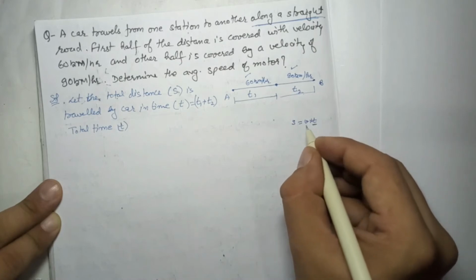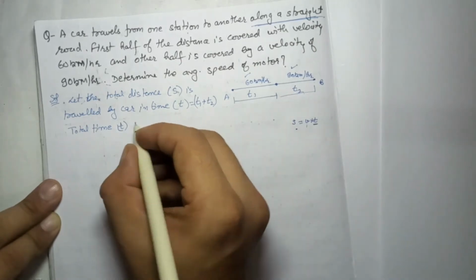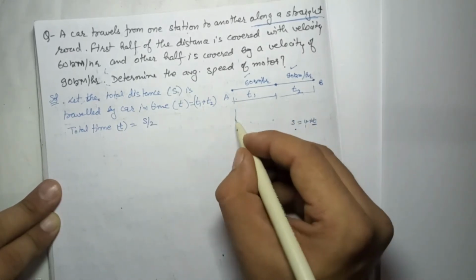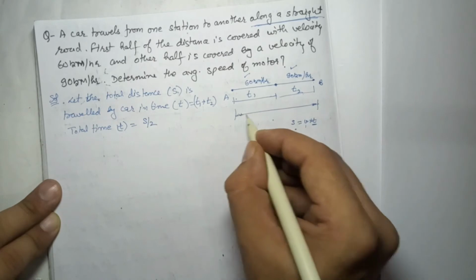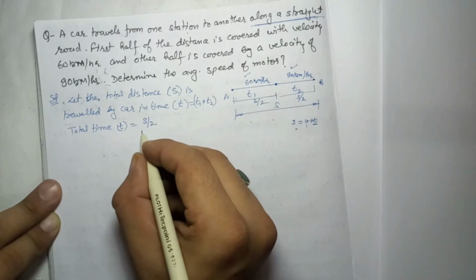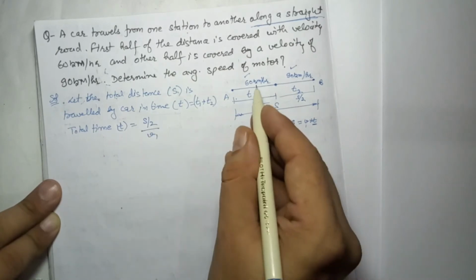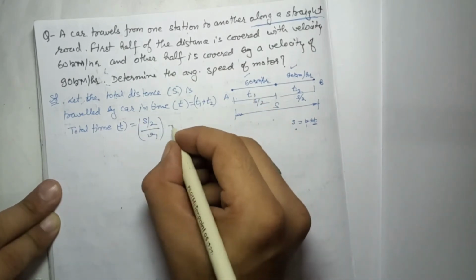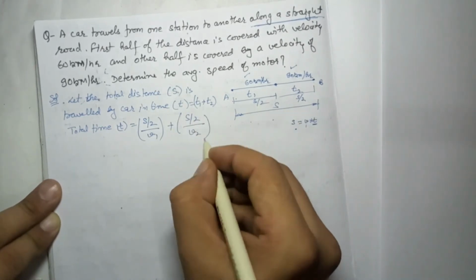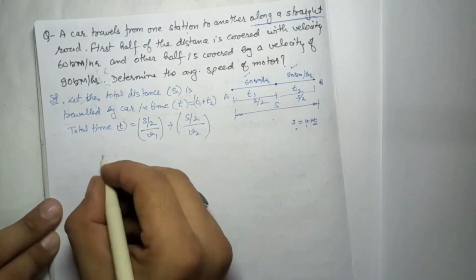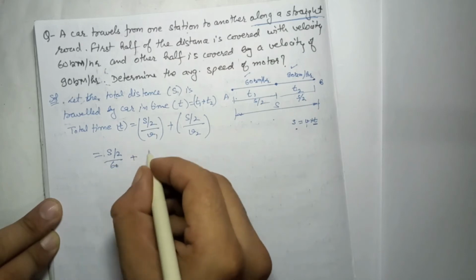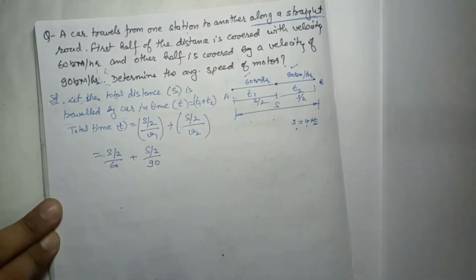So total time t is equal to first s by 2, this complete was s and this is s by 2, divided by velocity 1, 60 km per hour, plus s by 2 divided by velocity 2, 90 km per hour. When I fill in the values, I get s by 2 upon 60 plus s by 2 upon 90.